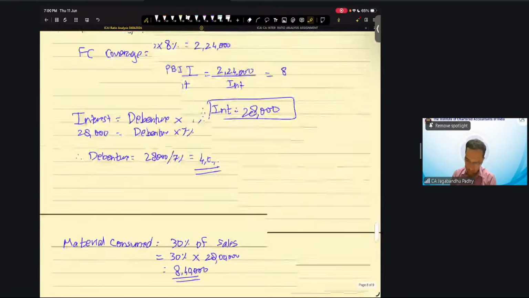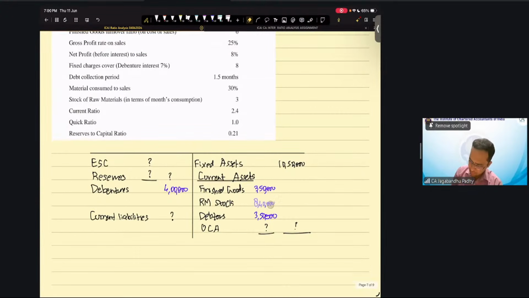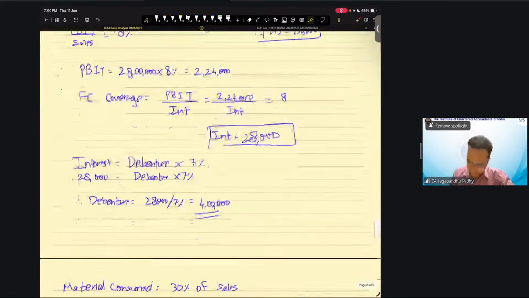Wait, this was material consumed. My bad. There is one more item that needs to be done. This is not the amount of material, this is the amount of material consumed. Now we have to get the stock of raw material. Stock of raw material is 3 months of your consumption.